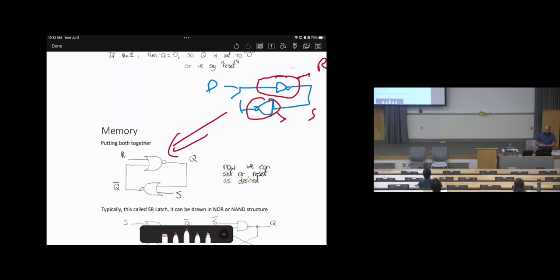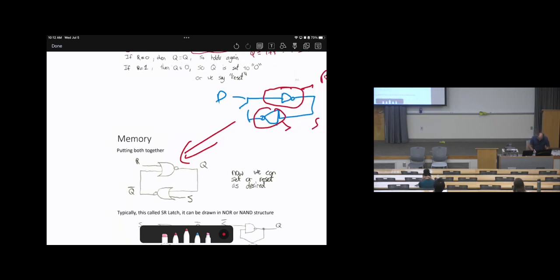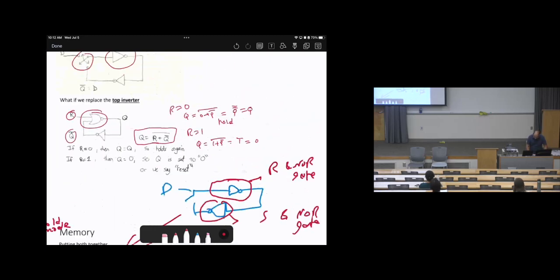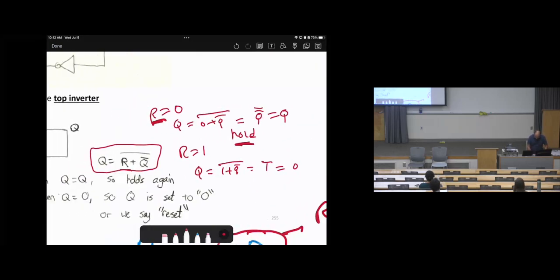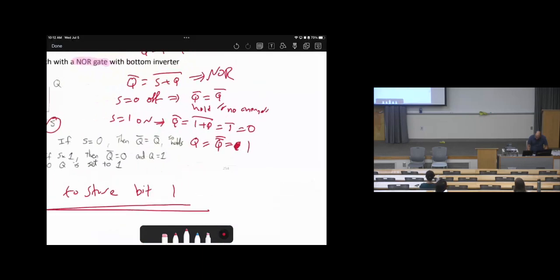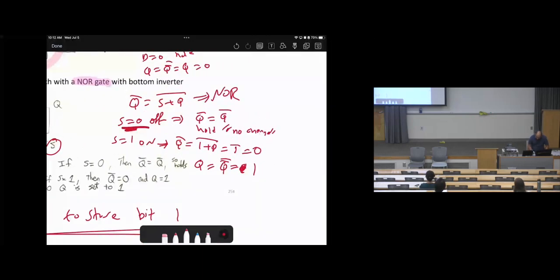What's the observation that we can see based on this assumption? We can say that when R equals 0, S equals 0, we will remain in hold mode, because that's what we observe here. If R equals 0, we are in hold. If S equals 0, we are in hold, right?